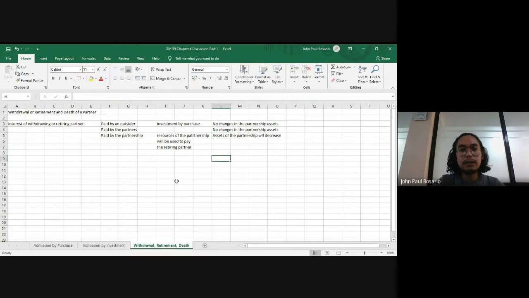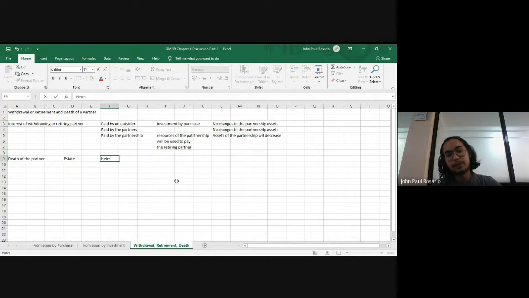On the other hand, when the dissolution of a partnership is caused by the death of a partner, his interest will now form part of his estate. So his estate will be distributed to his heirs.